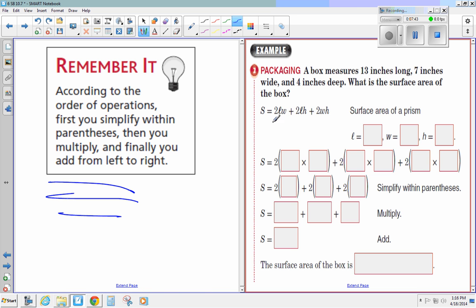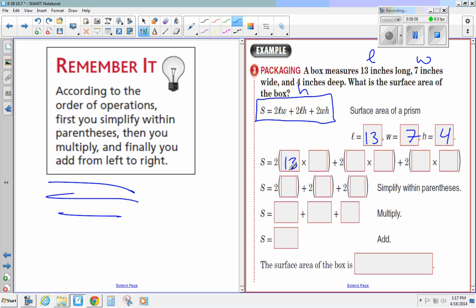All right, here we go. Here's that formula that I wrote down for you. Measure 13 inches long, 7 inches wide, 4 inches deep, which would be height. So length is 13, width is 7, height is 4, and we go from there. Plug in the information.